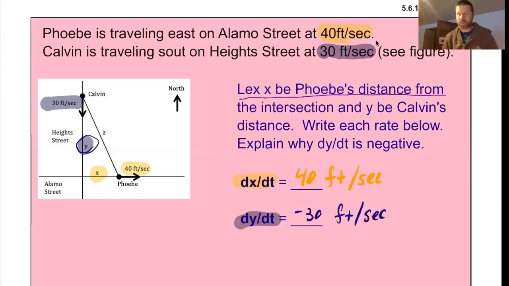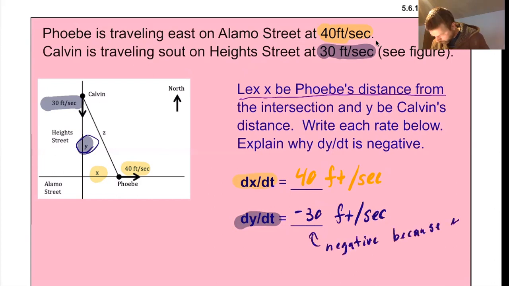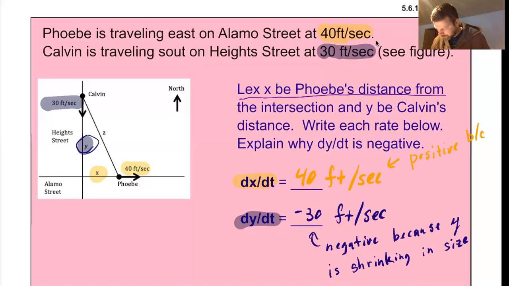That distance is shrinking. So I have a rate that's negative so that my distance will shrink. So this rate is negative because y is shrinking in size, just like this one's positive because x is growing.